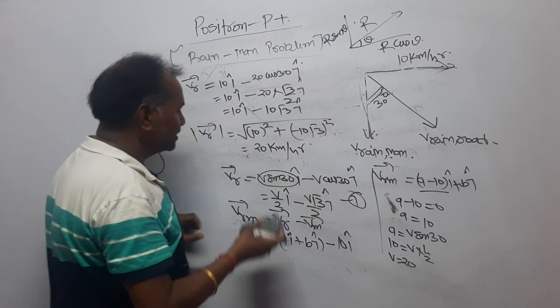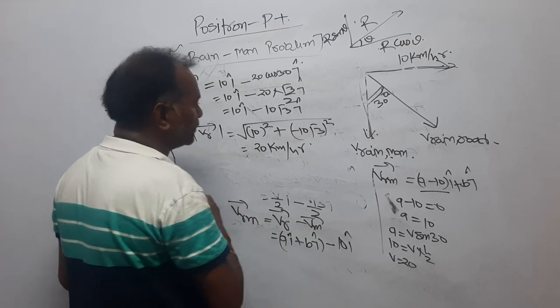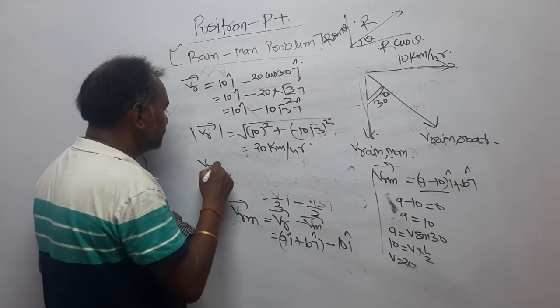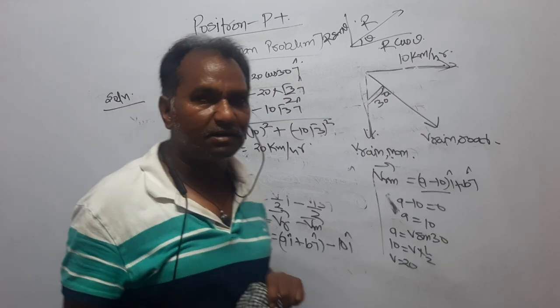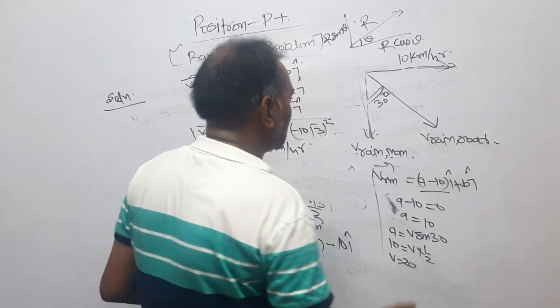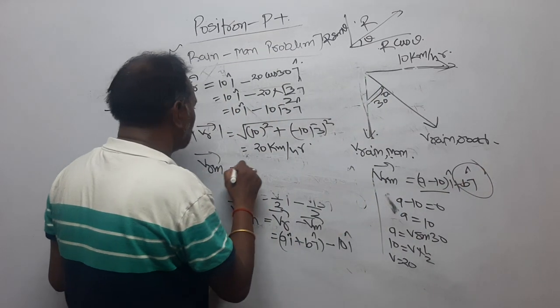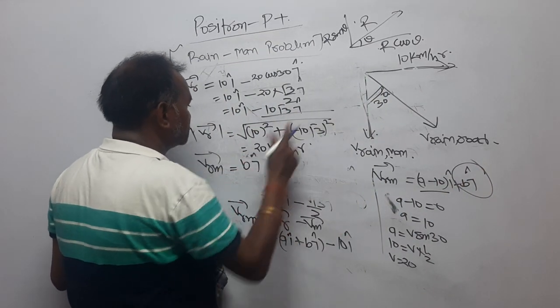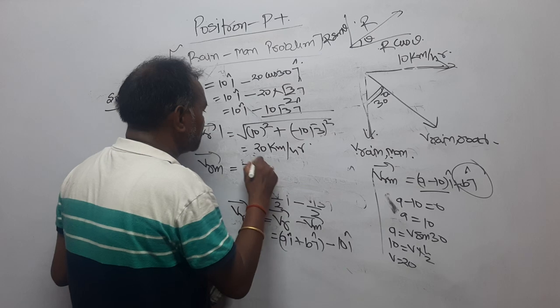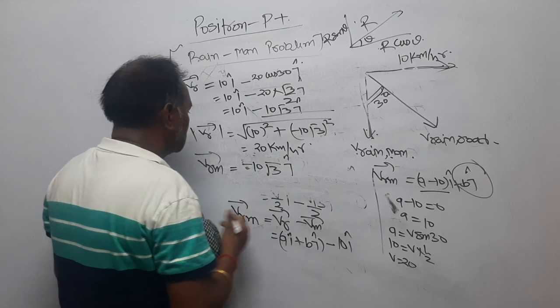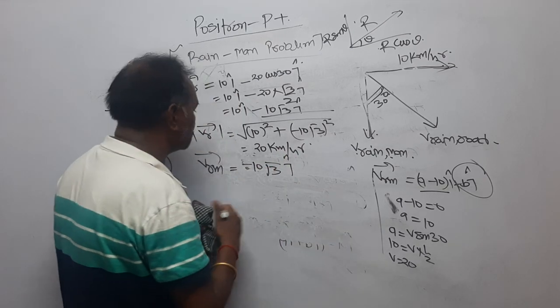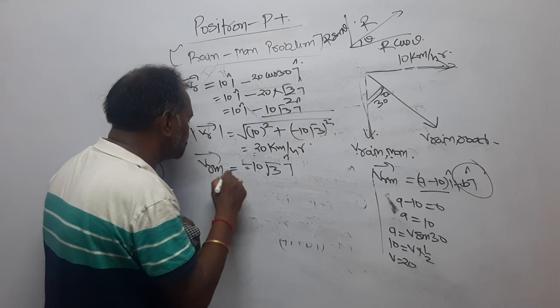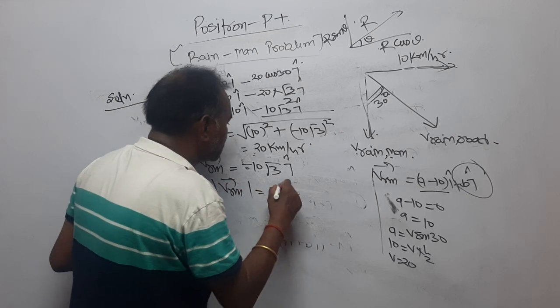Now dear students, interesting, we have to find out the Vrm. Vrm, velocity of rain with respect to man, is hitting vertically, that is B j cap. This is only B j cap, which is minus 10 root 3 j cap. So velocity of rain with respect to man, if you take its magnitude, is equal to 10 root 3.